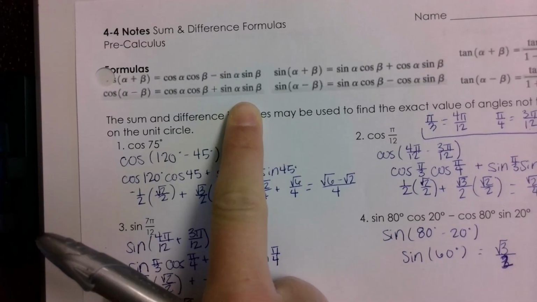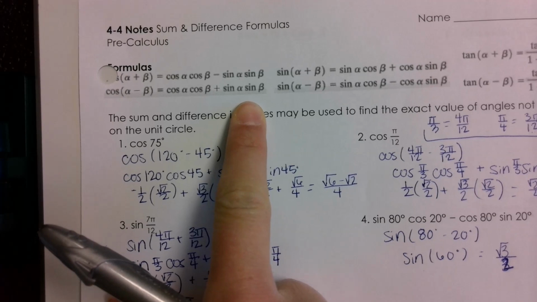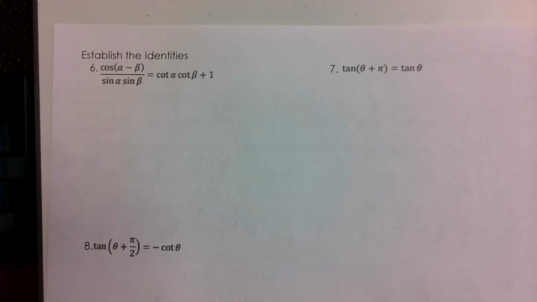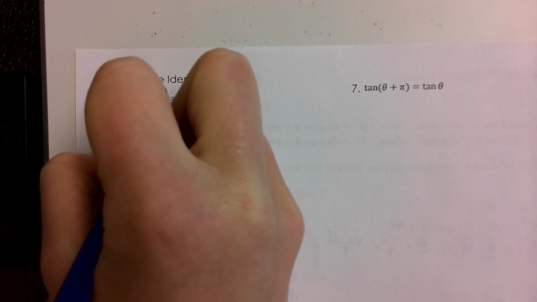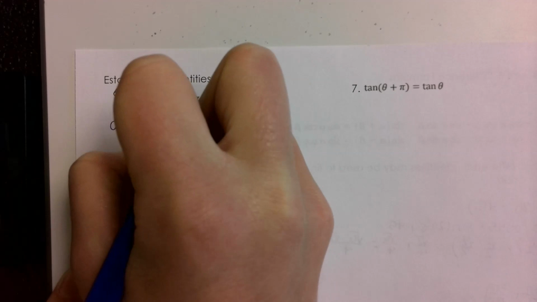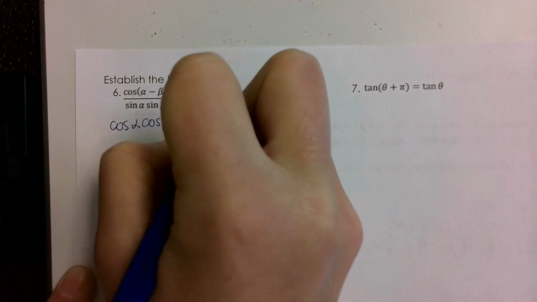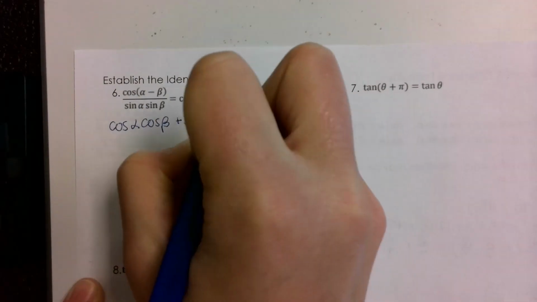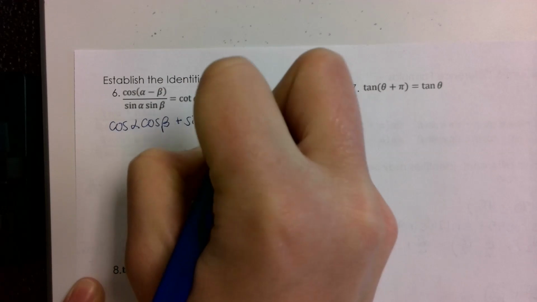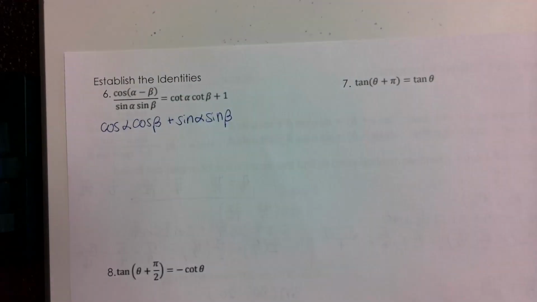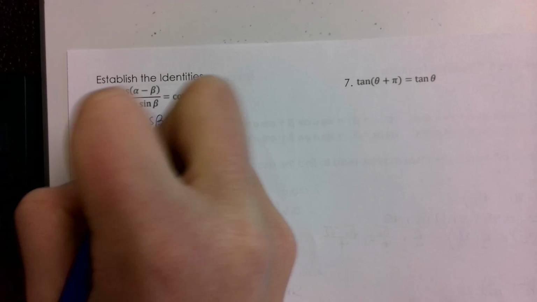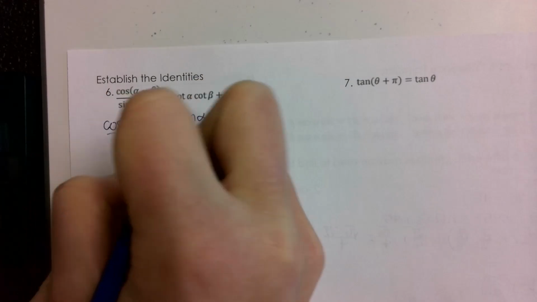So we'll do that first. So that's going to give you cosine of alpha, cosine of beta, plus sine of alpha, and sine of beta, all over sine of alpha, sine of beta.